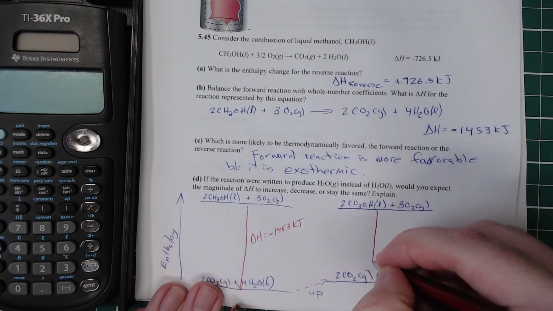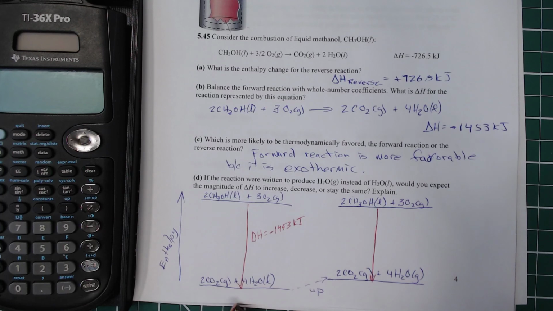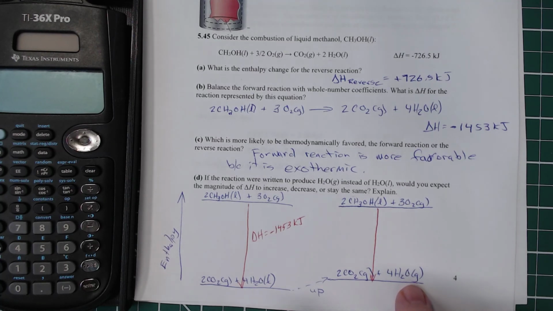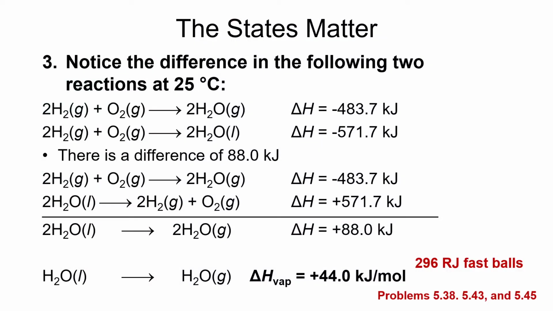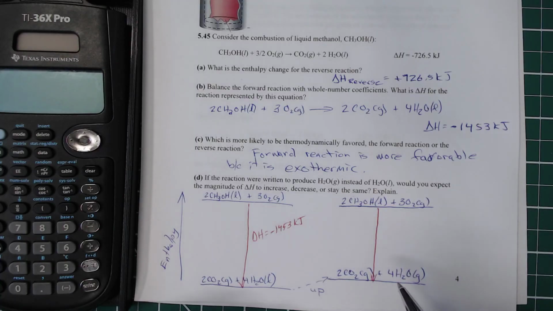All right. So we saw a little earlier that the value for H2O liquid going to H2O gas, in fact, I'm going to switch over here, that value is 44.0 kilojoules per mole. Since we have 4 moles of water, we're going to add 44 kilojoules times 4.